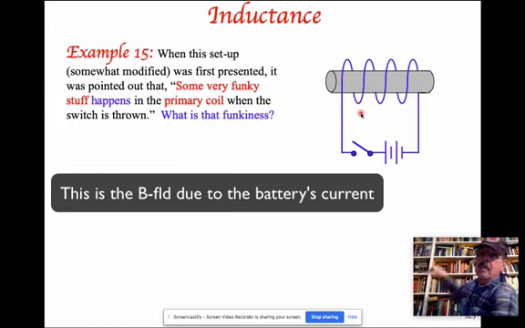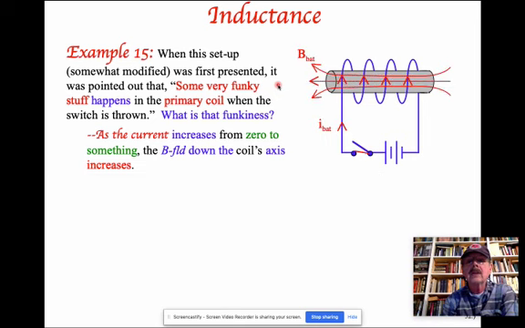So it's going to end up being off to the left here. And this is the direction of the quote unquote external magnetic field down the axis. The flux is increasing, which means this coil is going to attempt to set up a current that will produce a magnetic field in the opposite direction.